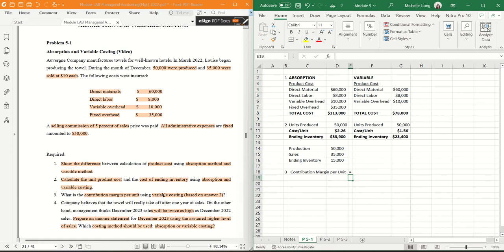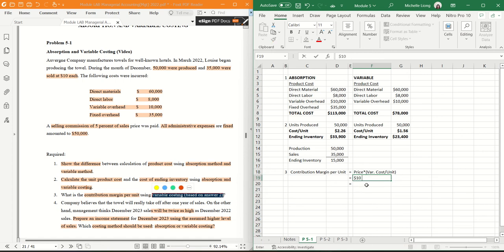So we're going to use the variable costing only, remember. So we have price minus variable cost per unit. For price, it's how much the product is sold.